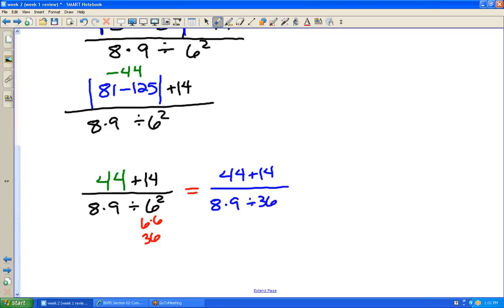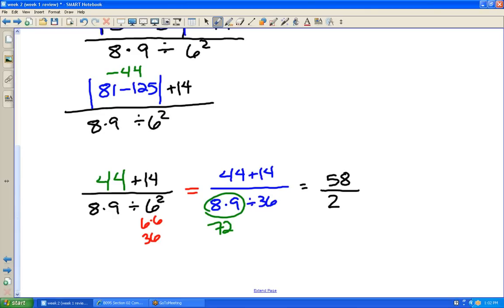Okay. Order of operations, I'm going to do the bottom, so multiplying. 8 times 9 is 72. So I have 72 divided by 36, which becomes 2. Add and subtract on top, so 44 plus 14 is 58.